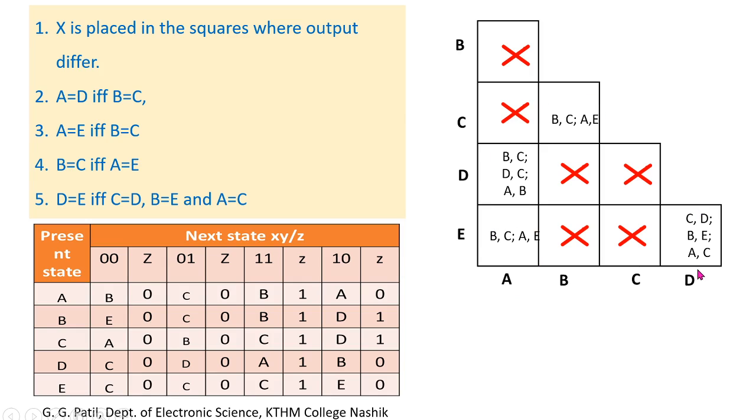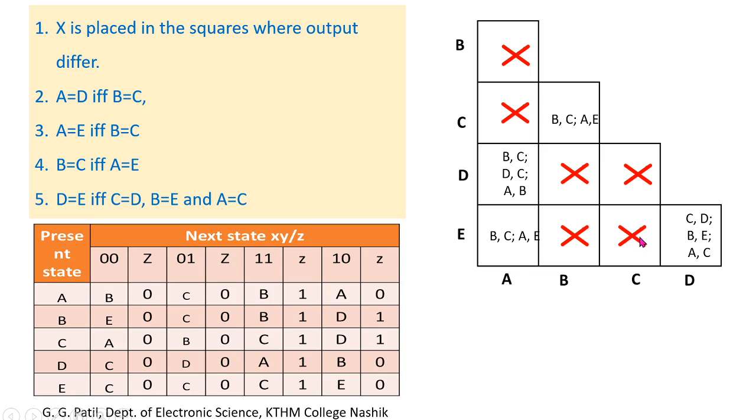Once it is done, the next task is to cross the pair where those states are crossed in their respective squares. So here AB is crossed, AC is crossed, BD is crossed, this one CD is crossed.